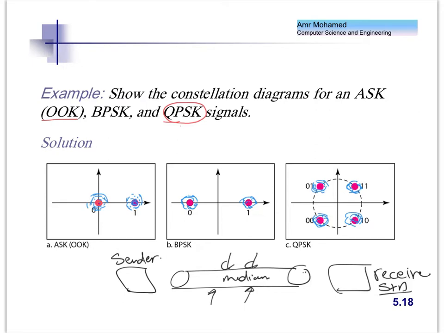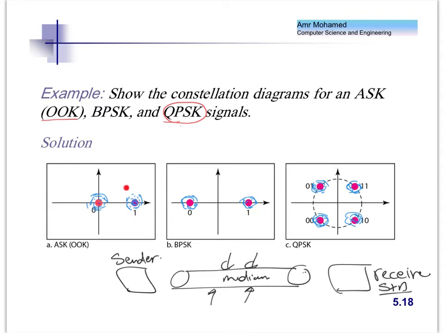So again, what is the point that we are trying to make here? The point is as follows. If the distance between these clusters is short, you will have more probability of errors because these clusters will start to overlap.